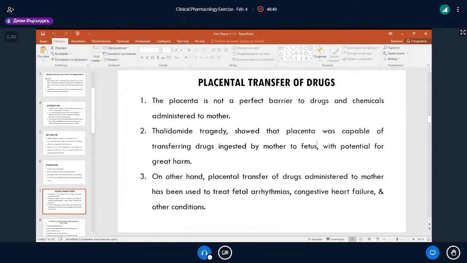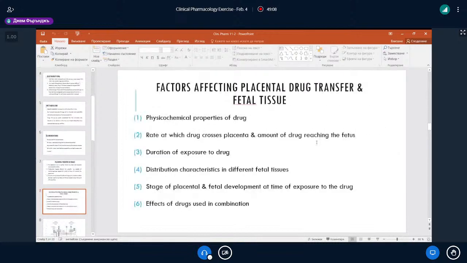And that's why you need to be very careful when prescribing drugs to pregnant women. You need to have a really good indication, and you need to know that this drug is safe and can be used in pregnant women without any effects that can involve the fetus.